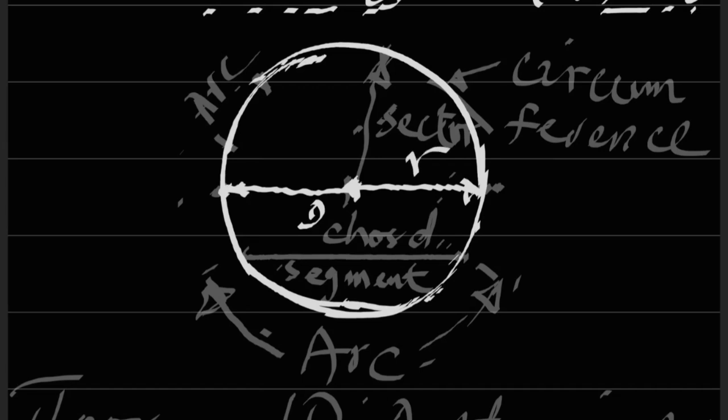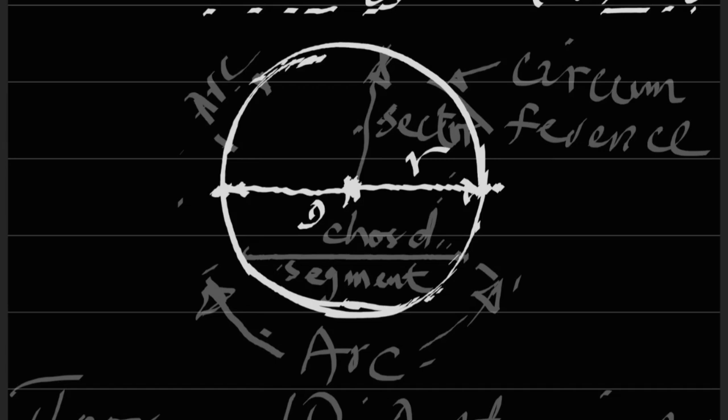I repeat, from circumference to circumference, passing through the center, a straight line that runs from circumference to circumference of a cycle, passing through the center, is diameter. While from the center of a cycle to the circumference is radius. So you can see the radius of a cycle is half of a diameter.